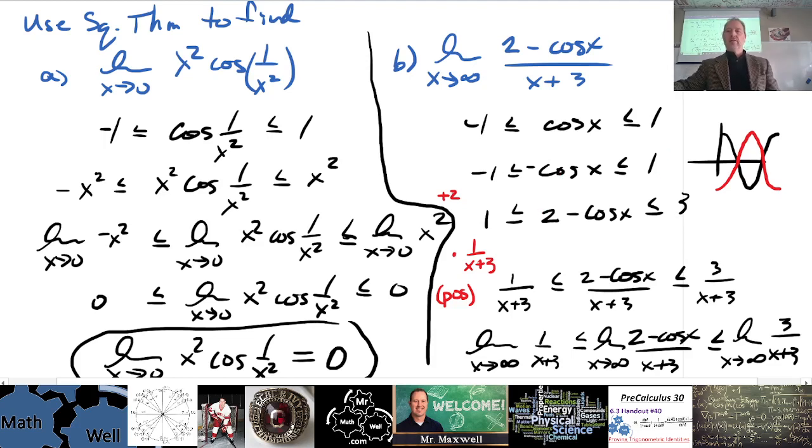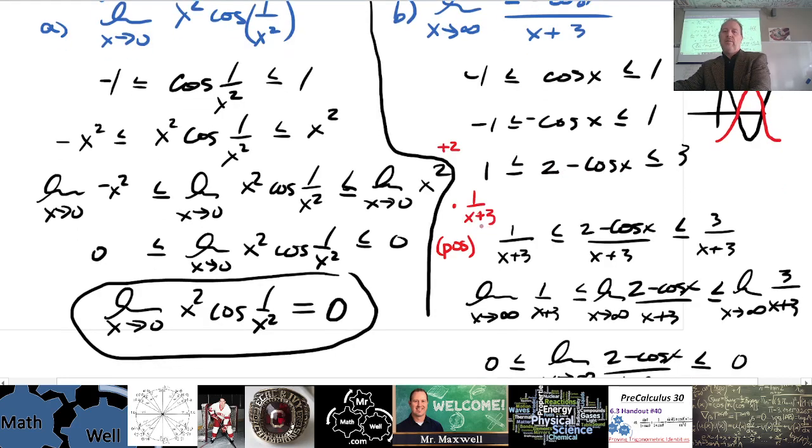Now we add 2 to this double inequality, and -1 plus 2 is 1. You have now a 2 minus cos x, and you have less than 3. We can divide by x plus 3, or multiply by 1 over x plus 3. And because x is approaching positive infinity, this is going to be a positive value, so you don't have to be aware that this might be negative.